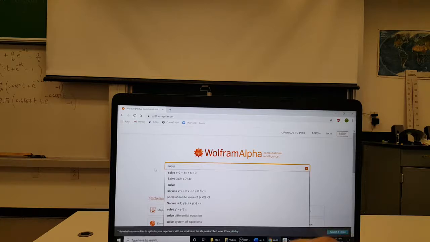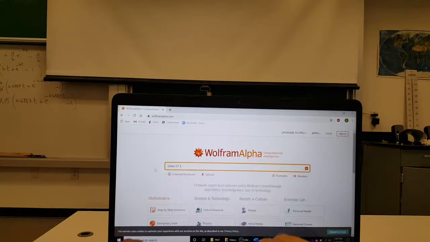So I put solve the following expression: 17.15 times 0.6887t, and then plus e to the negative 0.6887t, and then minus 1. This is x, and I want to solve this for x equal to 100.